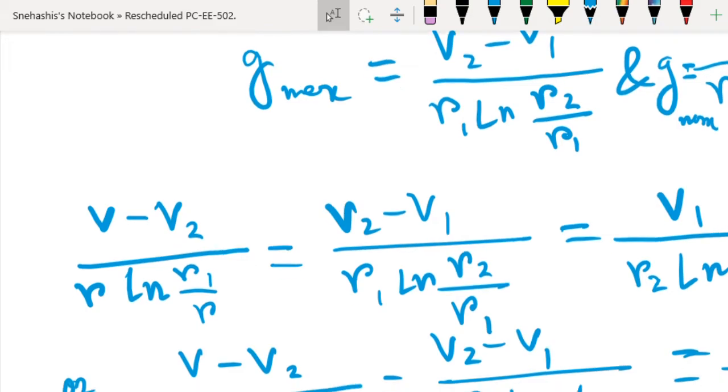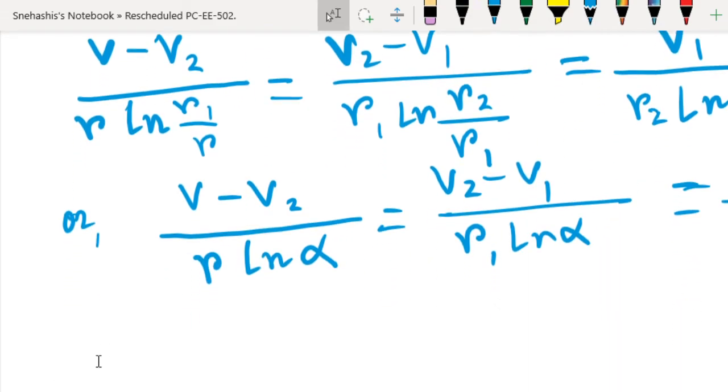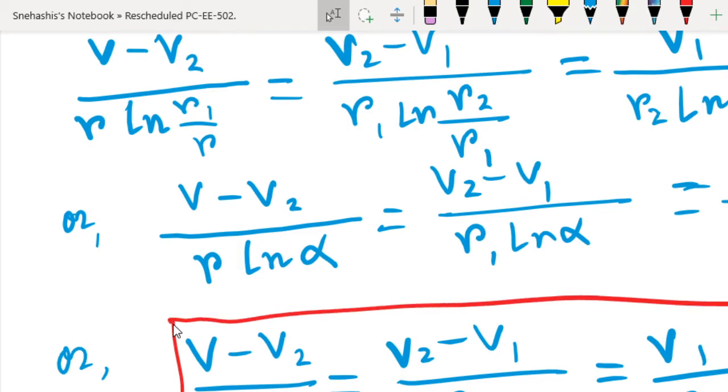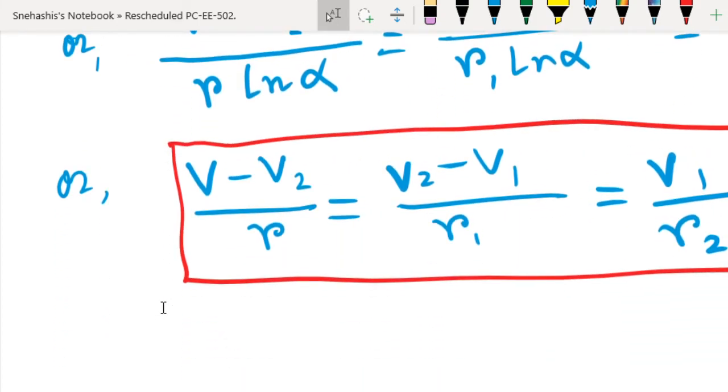Ln alpha is a common factor among all of them, so we can have that V minus V2 by small r equal to V2 minus V1 by small r1 equal to V1 by R2. Just a notice, you may not remember, just a relation.